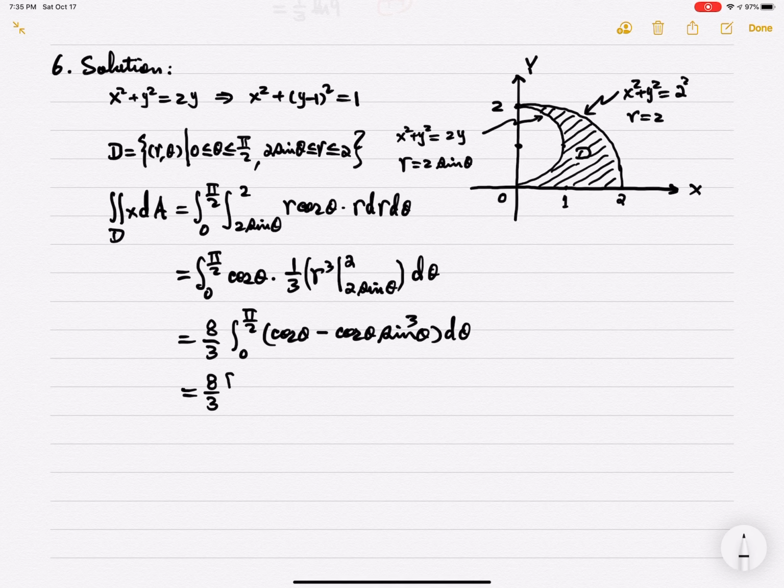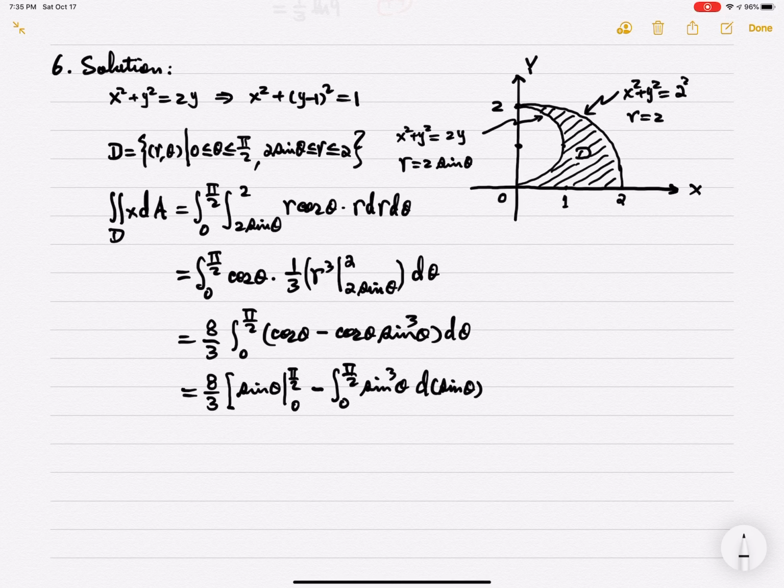You integrate term by term. The first term, cosine theta, the antiderivative is sine theta, plug in pi over 2 and 0. For the second term, if I put one more step, this is sine cubed theta d sine theta.